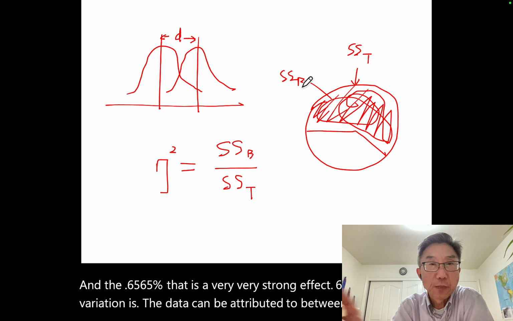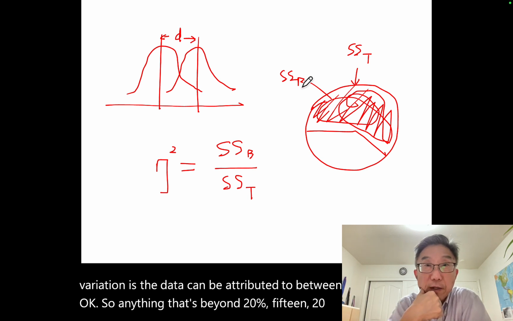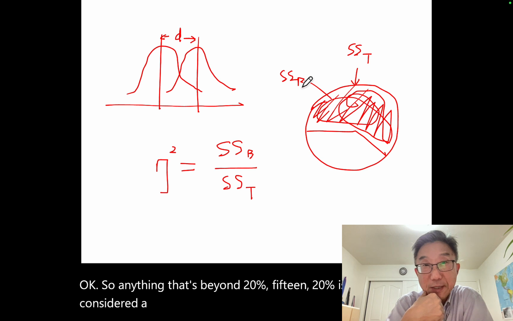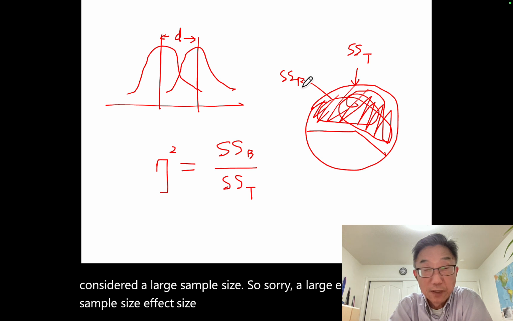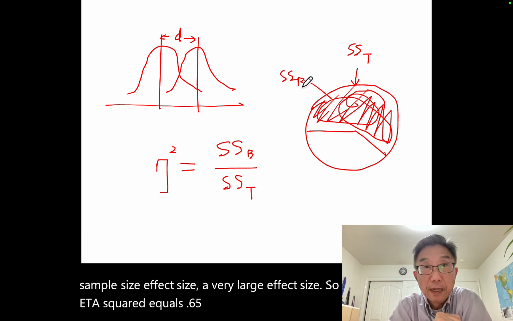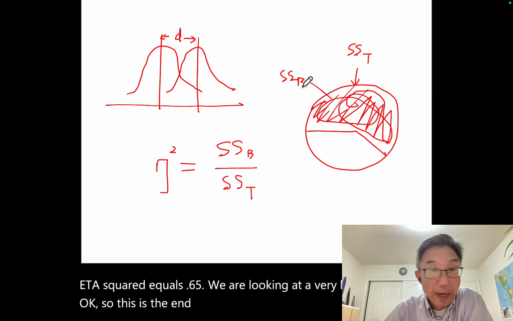Anything that's beyond 15, 20% is considered a large effect size, not a sample size, effect size. So in this case, eta squared equals 0.65. We are looking at a very large effect size. Okay, so this is the end of this video.